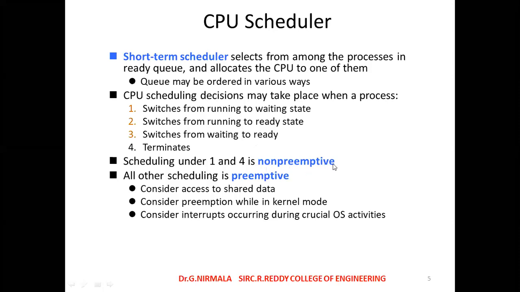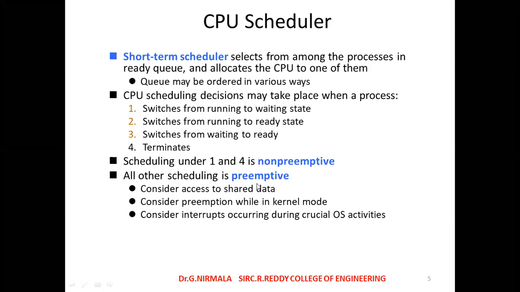That is called non-preemptive scheduling. Terminates. Successful completion of the program is called termination. Means the entire CPU will be held with that particular process and it will be removed after the successful execution. Then only it switches to the next process. That is called non-preemptive scheduling.